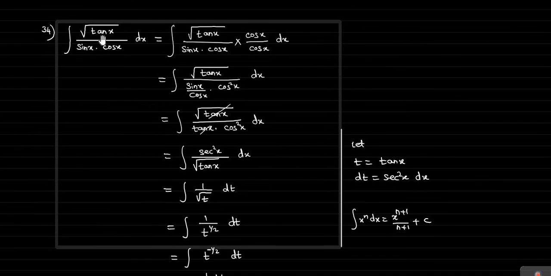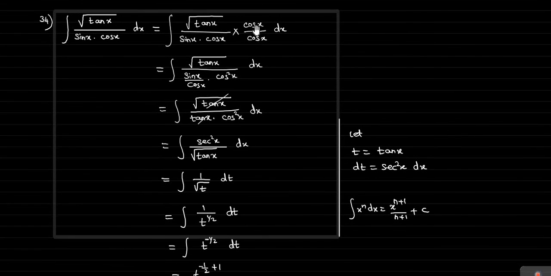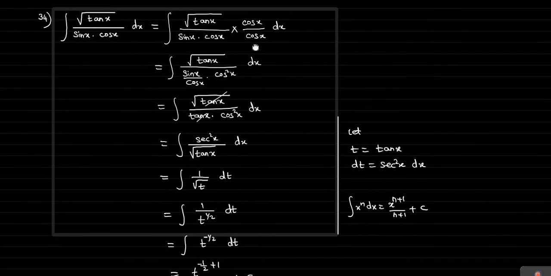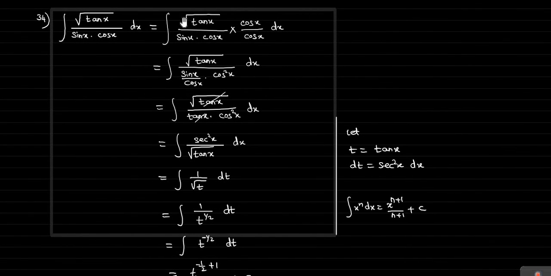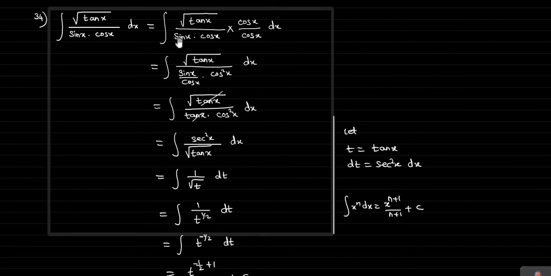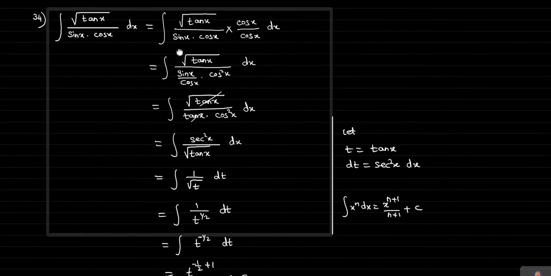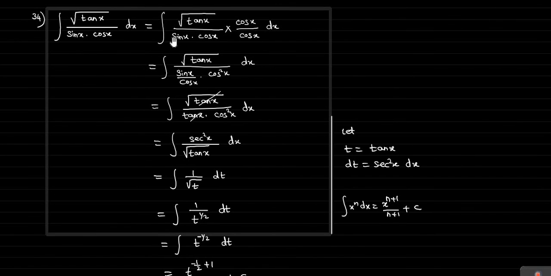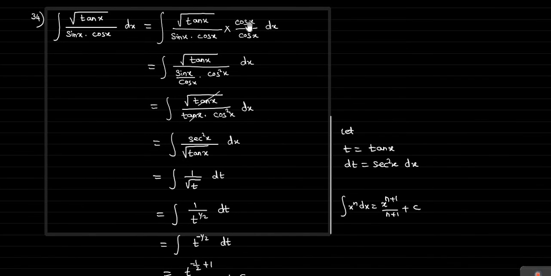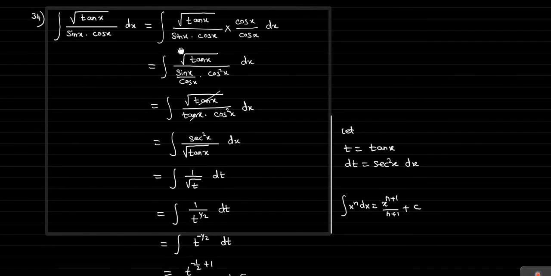Okay, so 34th one, this is the given function. Given function is not in the standard form. So we did some alteration here. So with the cos x I multiplied and divided. So the reason is, this root tan x, to get the tan x here, denominator cos x is required for the sin. So then when we multiply this numerator cos x, we can carry to denominator's denominator.